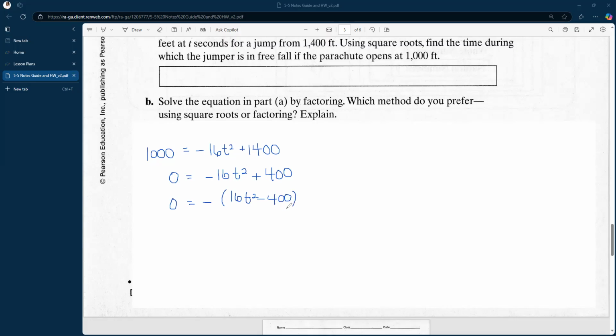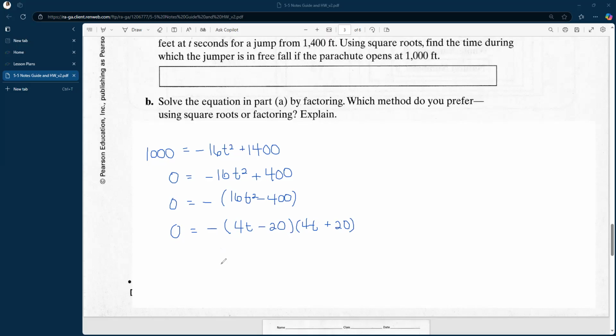Inside, this gives me two terms, which means I can use difference of squares. So negative 4t, square root of 16t squared is 4t. And then I have the square root of 400, which is 20. So I have 4t minus 20 and 4t plus 20. I used difference of squares.